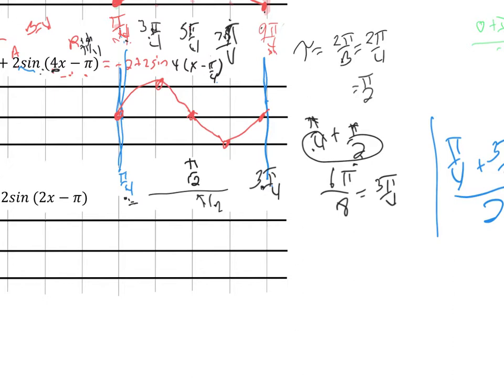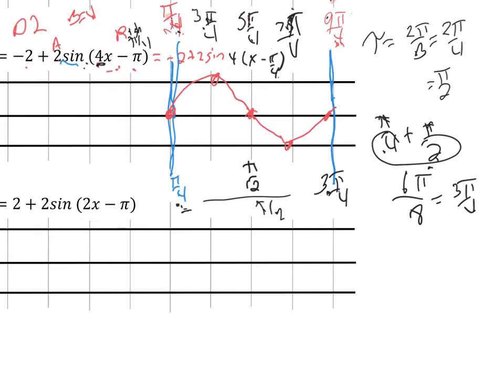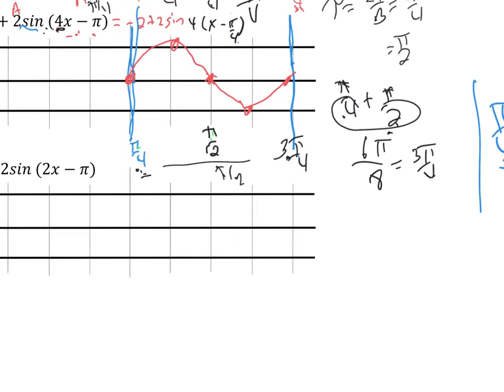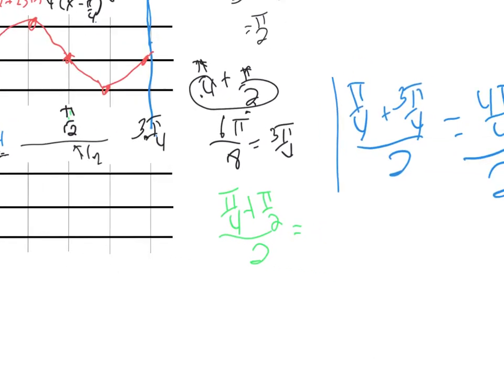Let's see what happens. If I'm wrong, I apologize, but I'll do the middle of these two. So I need to take pi over 4, add it to pi over 2, take that divided by 2. The math looks like this.